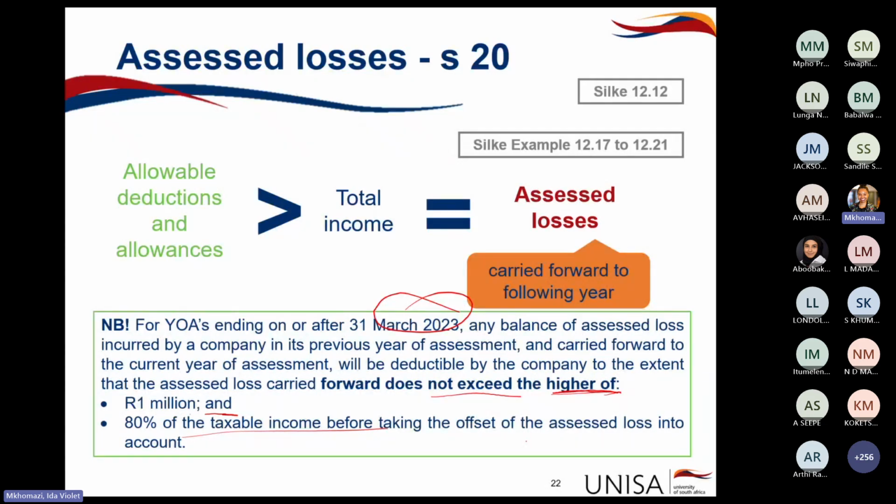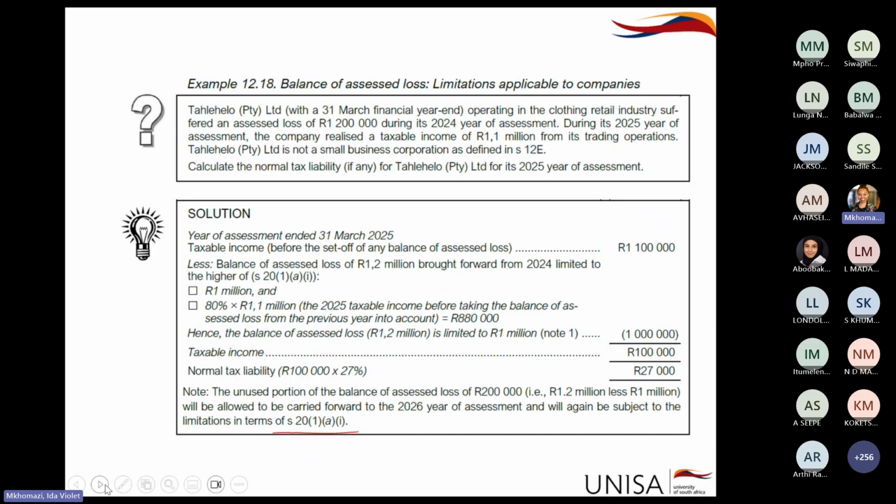So this means that the balance of assessed loss brought forward from the previous year is limited to the higher of 1 million or 80% of taxable income. And I have this example that I took from the Silke textbook.